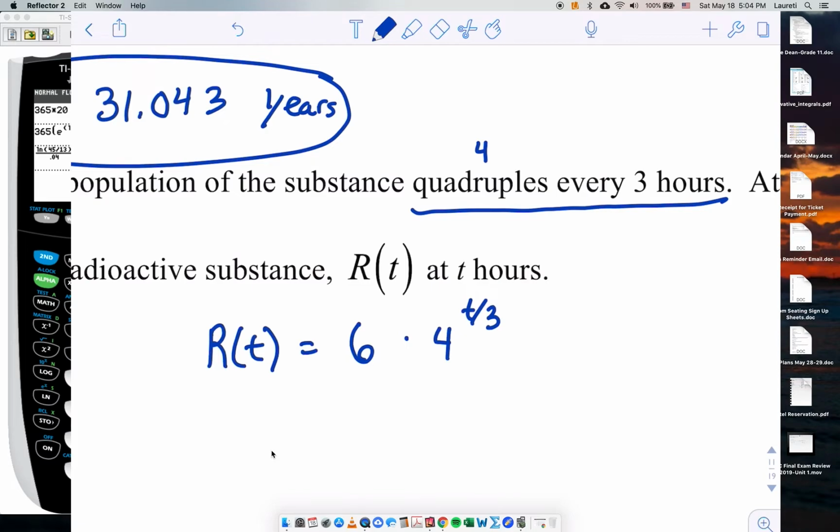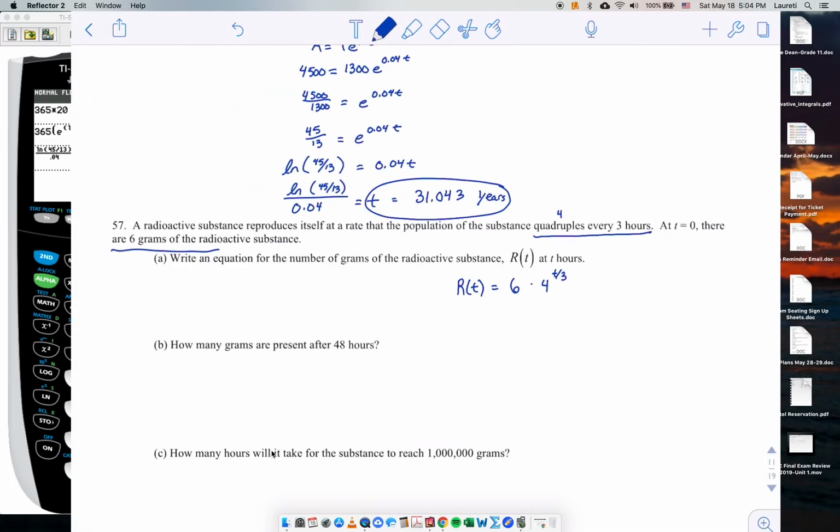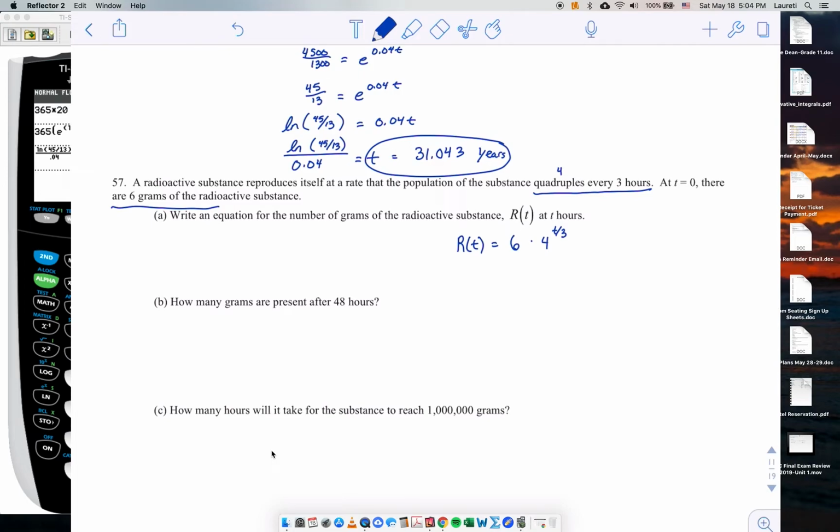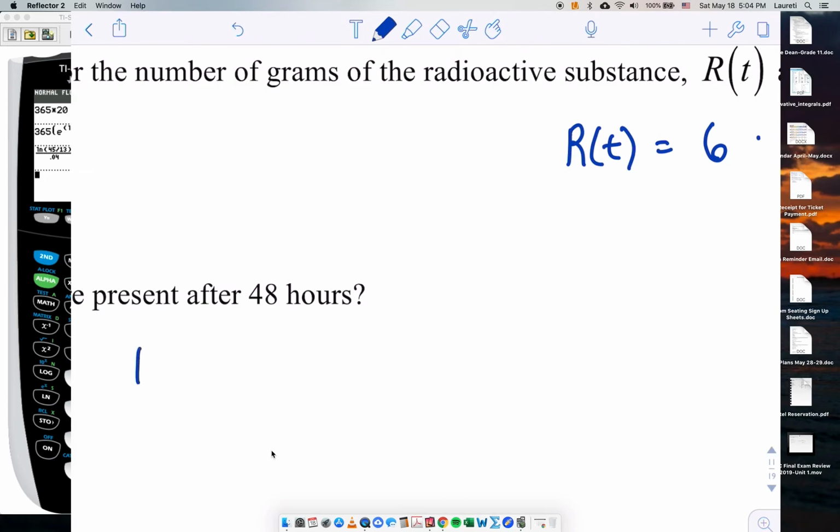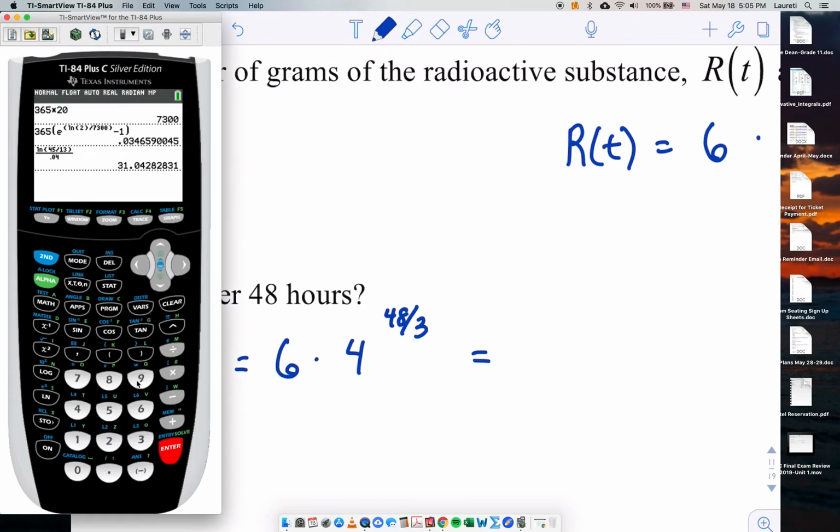Now, if it said 3 times per hour, you'd do 3t. Again, you just have to figure out how long one cycle is, and that should help you write your exponent. How many grams are present after 48 hours? So t in this case is 48. R of 48 is 6 times 4 to the 48 over 3, and I'm going to plug that in.